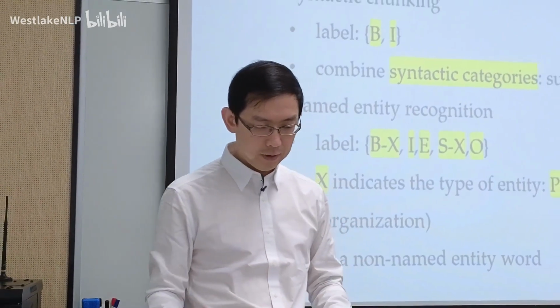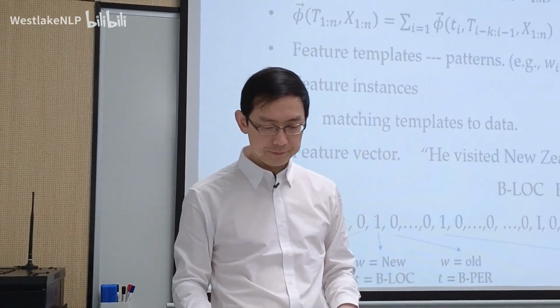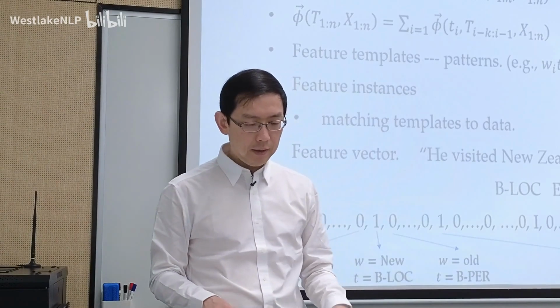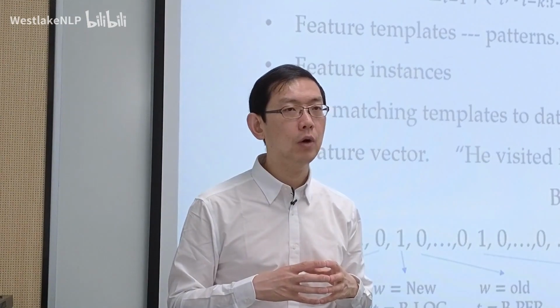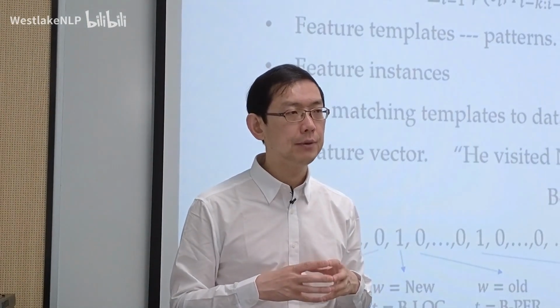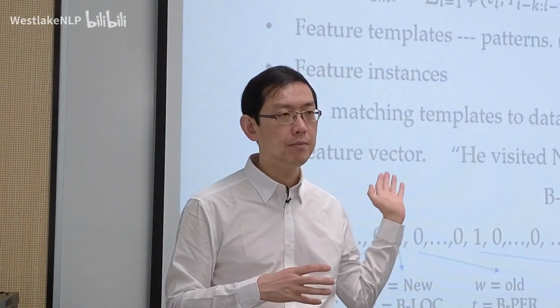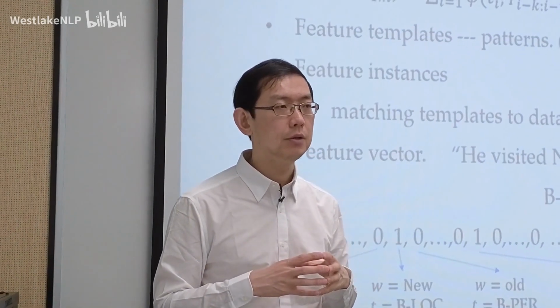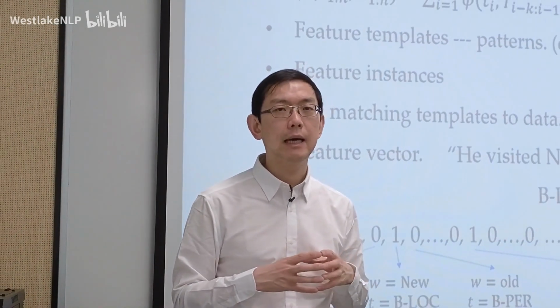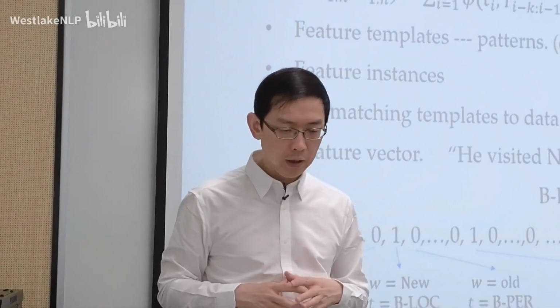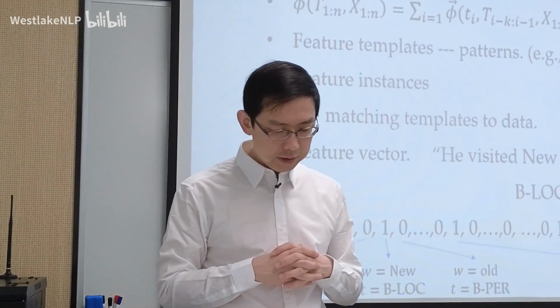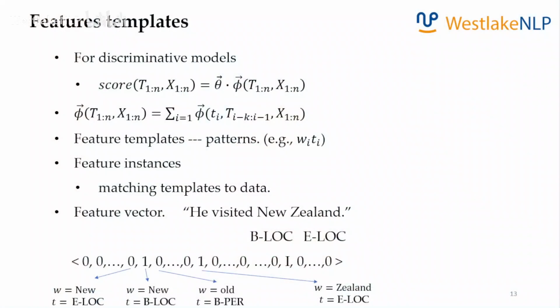Now let's build models. It turns out that generative models don't work as effectively as discriminative models for the sequence segmentation problems that we just mentioned. So for this class, I will only introduce discriminative models, because they have rich features. Let's recall discriminative models. We learned them last week, right? Their parameterization is completely based on feature vectors.